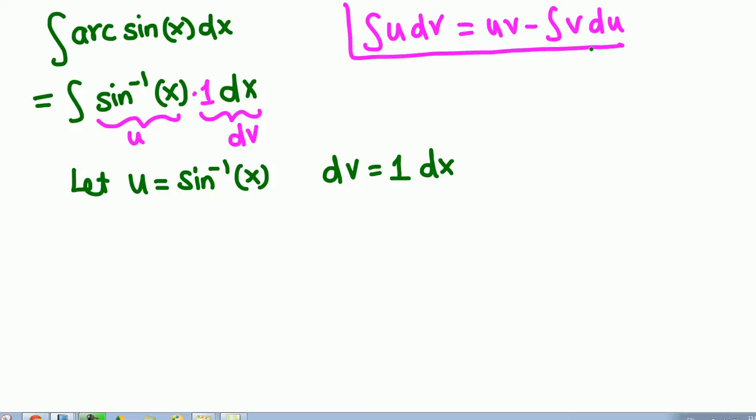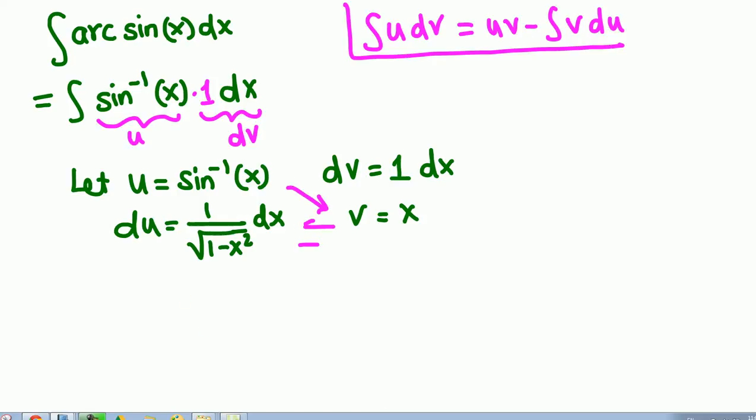And to use this formula we need du and we need v. Find the derivative of sine inverse x, which is 1 over root 1 minus x squared with respect to x, and find the antiderivative. Antiderivative of 1 is just x, and using the integration by parts formula we get uv minus integral of v du.